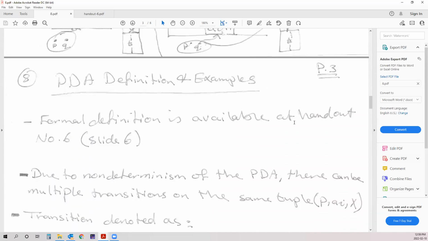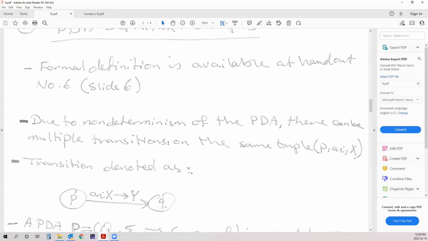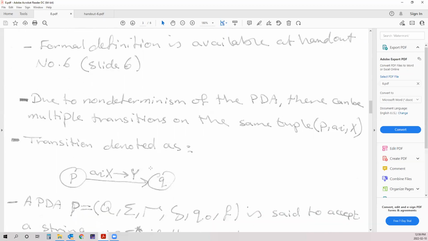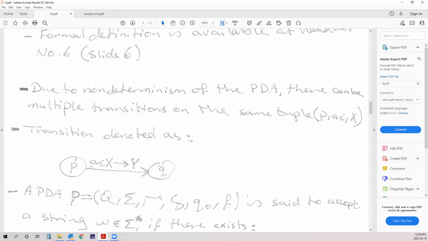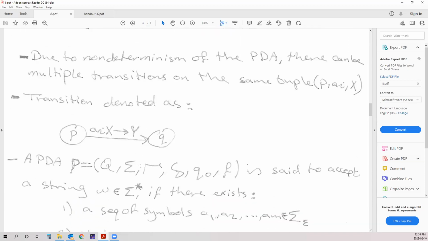Formal definition is available at handout number 6, slide 6. I'll not repeat it again. Due to non-determinism of the PDA, there can be multiple transitions on the same tuple P, Ai, and X. Transition denoted as (P, Ai, X) to (Q, Y).